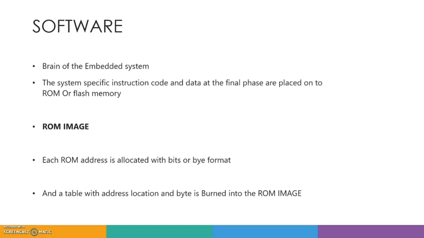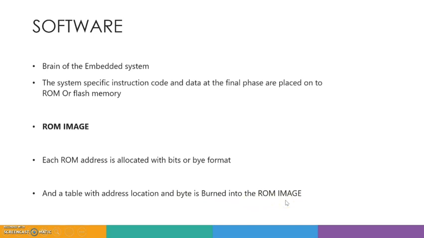One column is the address, and the second column is the corresponding byte stored at that address. So the address of every byte is also kept along with the ROM image. The ROM image also consists of a table with the address location and the byte, which is also burned to the ROM.